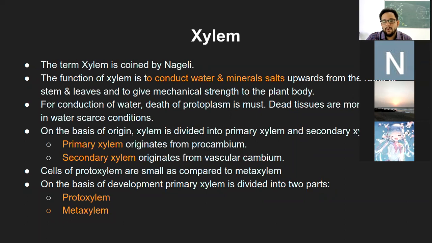So procambium means, when the plant is about to sprout and grow a little bigger along its growth time, the earlier version of cambium is called procambium. Pro means earlier. So that is primary xylem.